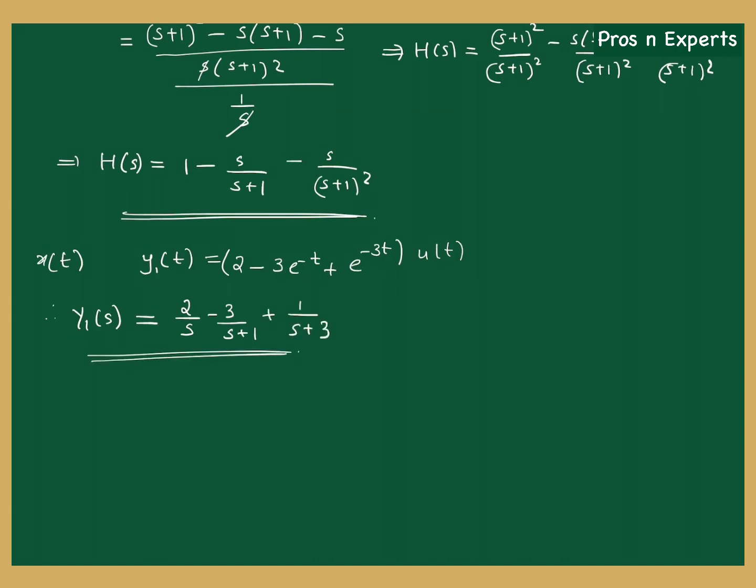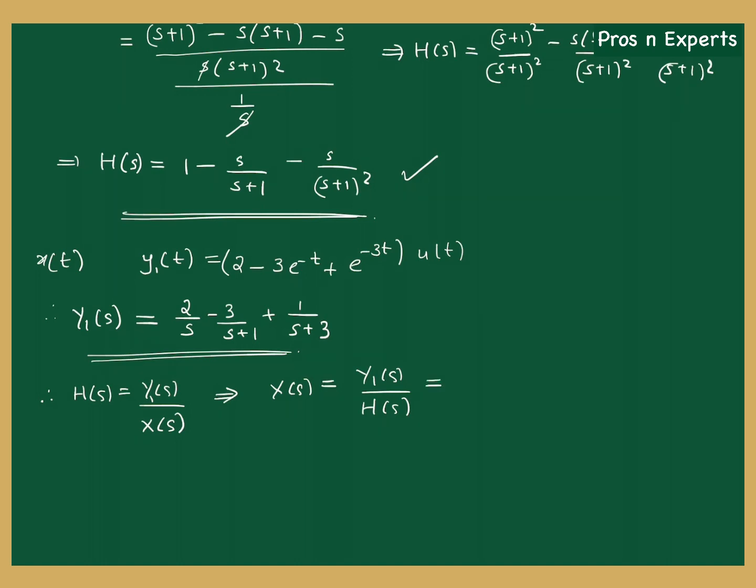Now h of s is constant. Therefore h of s is equal to y1 of s by x of s, which is a new input. That implies x of s is equal to y1 of s by h of s.